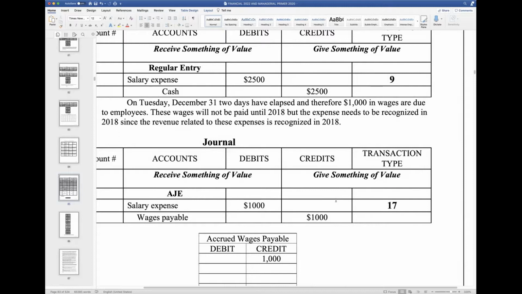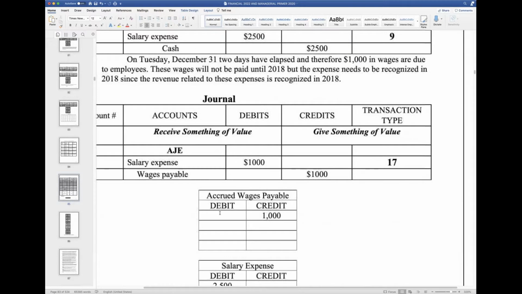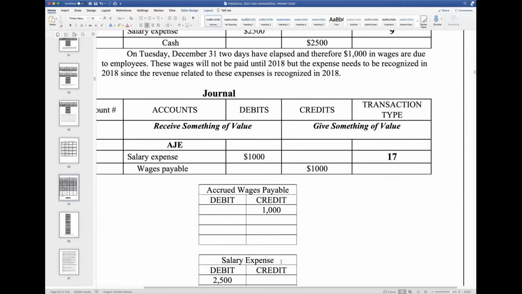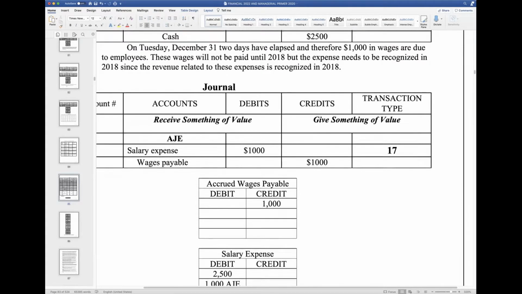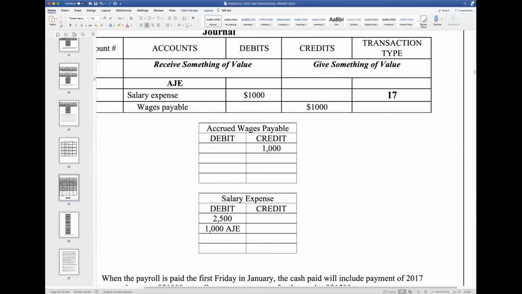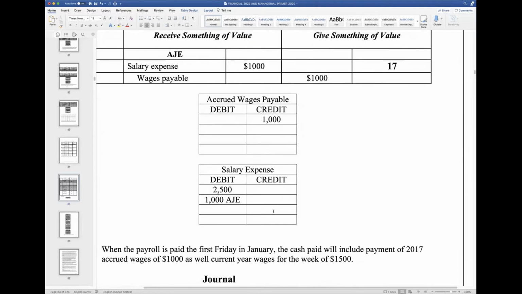So by making this entry, we get the expense in the year that it relates to the revenue that it earned. So on December 31st, accrued wages has a credit balance of 1,000. And the salary expense for that particular period is 2,500.